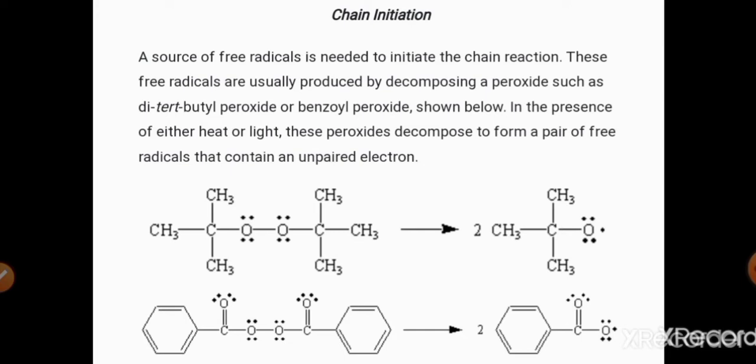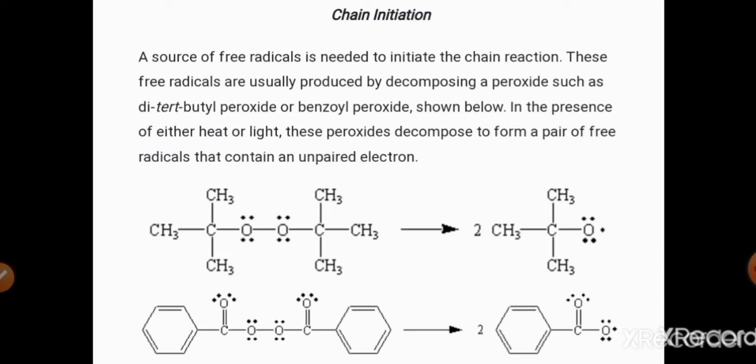During chain initiation, firstly there is formation of free radicals, which contain one or more unpaired electrons. For that, peroxides like di-tert-butyl peroxide or benzoyl peroxide are used.